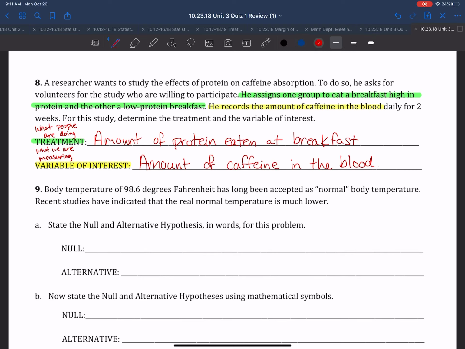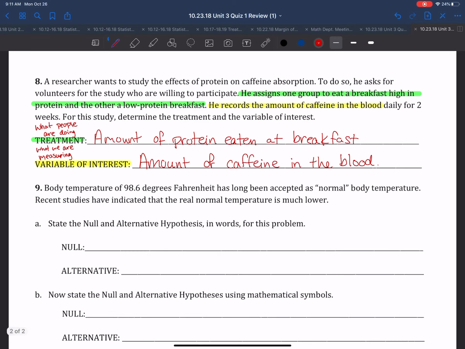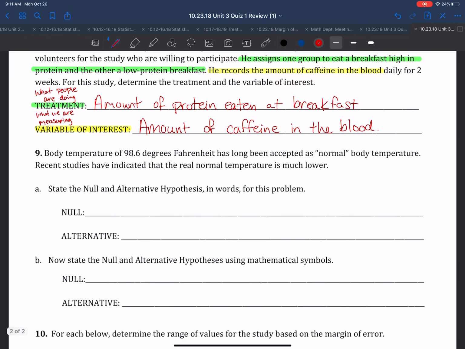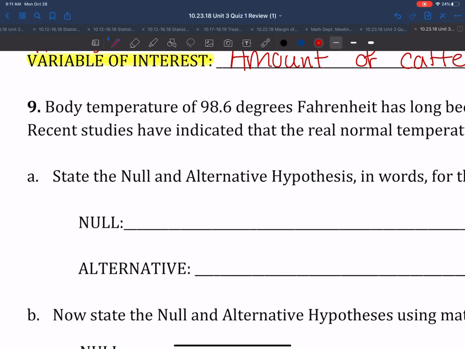Number 9 says, body temperature of 98.6 degrees Fahrenheit has long been accepted as normal body temperature. Recent studies have indicated that the real normal temperature is much lower. State the null and alternative hypotheses in words for this problem. So remember, the null is nothing different, or nothing has changed. And then the alternative, something changed, right?